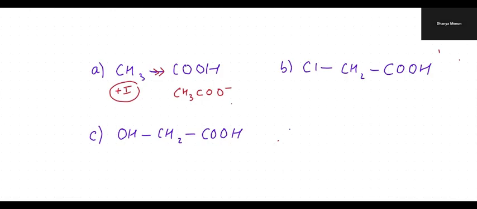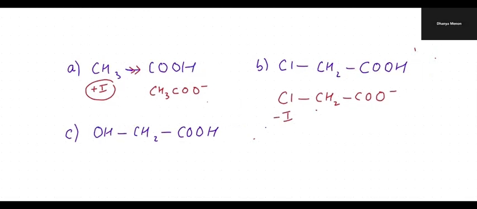Here in B, chlorine has, so I will just write COO minus, right? Now this is the A minus ion. Now chlorine has minus I group. Now always remember CH2 has some plus I effect, it's an electron donating group. Now, if we compare, here there is minus I effect because of chlorine, here there is plus I effect because of CH2 group.